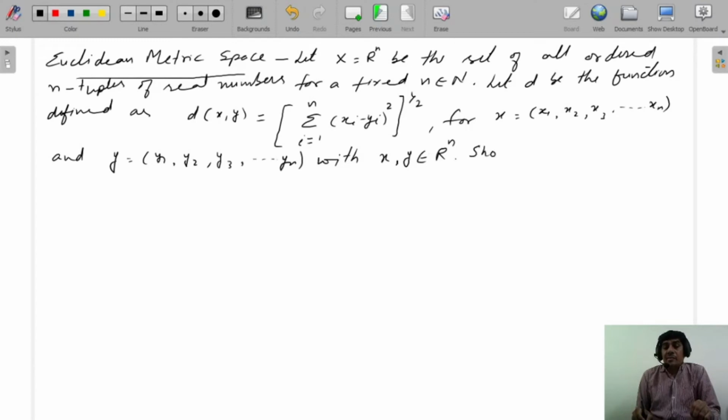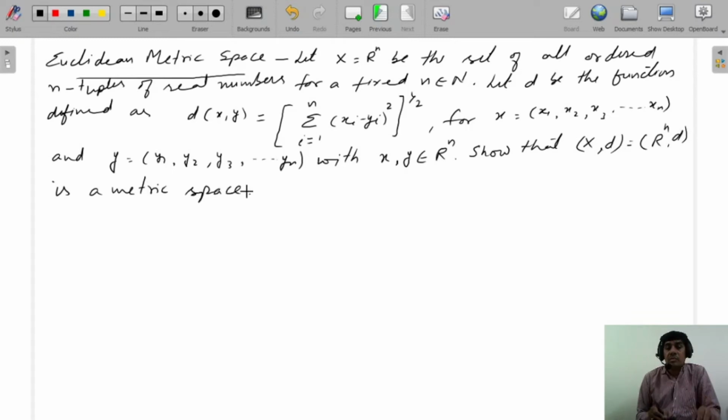Show that (X, d) = (Rⁿ, d) is a metric space. To prove Rⁿ with d is a metric space, we have to prove the four properties of a metric space.